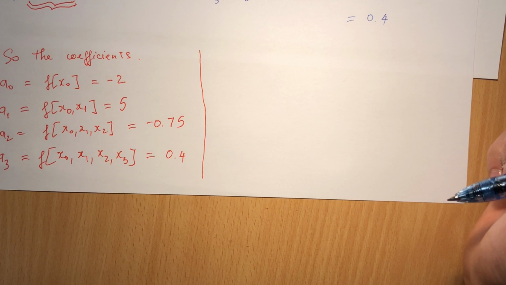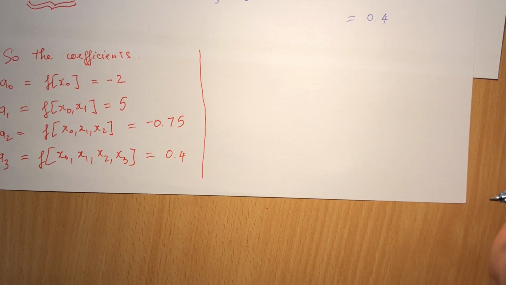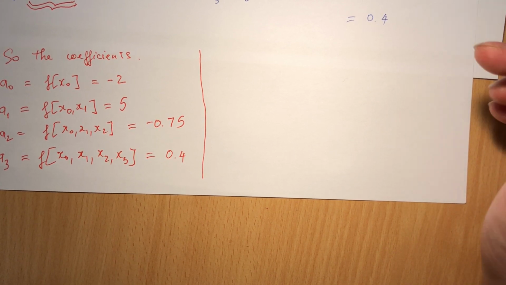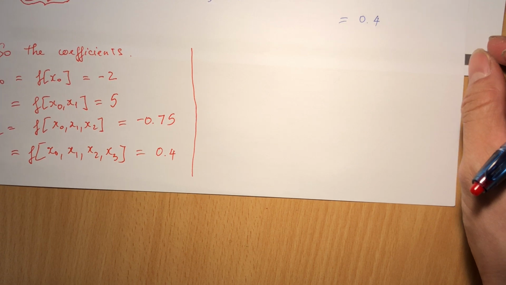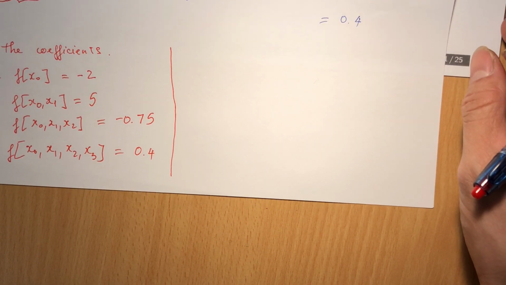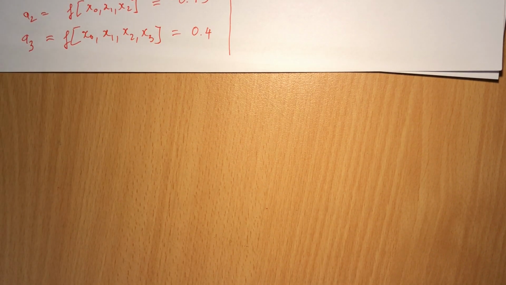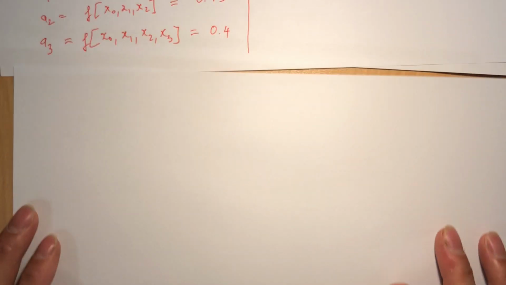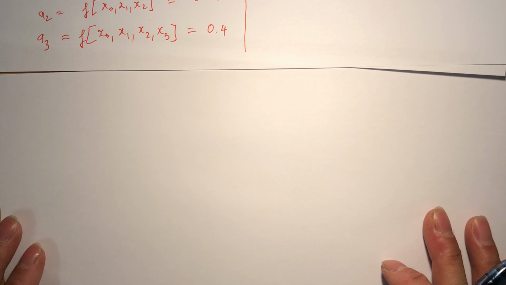So on the coefficients, from here we can put everything into the table. So how to do that? That's the divided difference table, right?